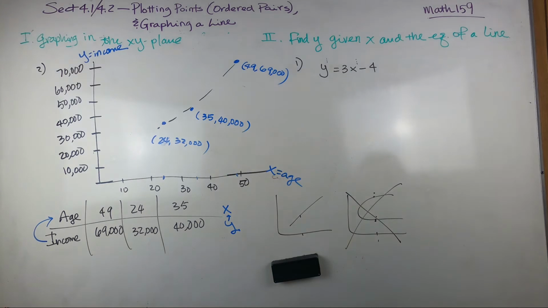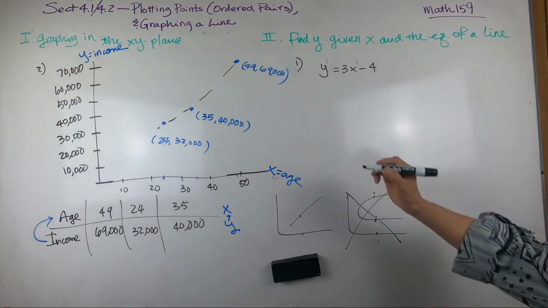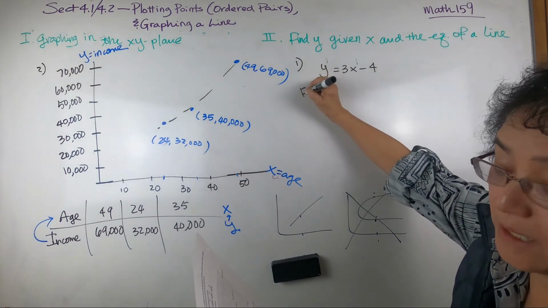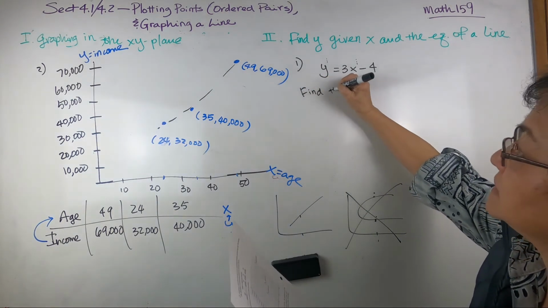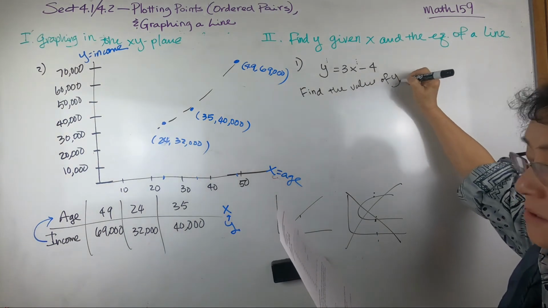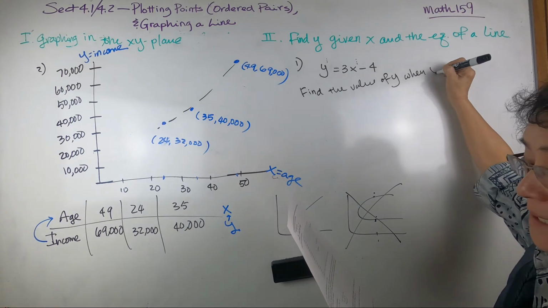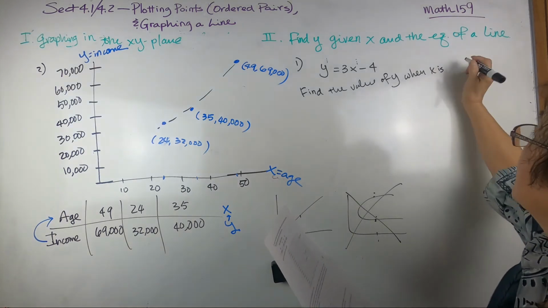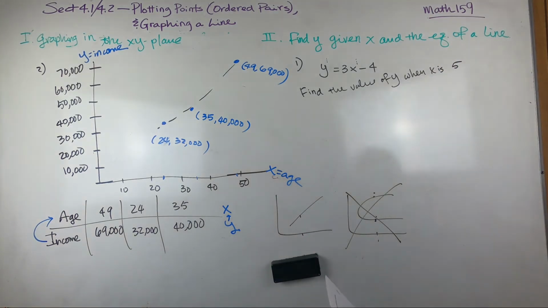We want to find the value of y when x is 5. Okay, on your paper something is missing. Find the value of y when x is 5. Okay, that's what we are saying.